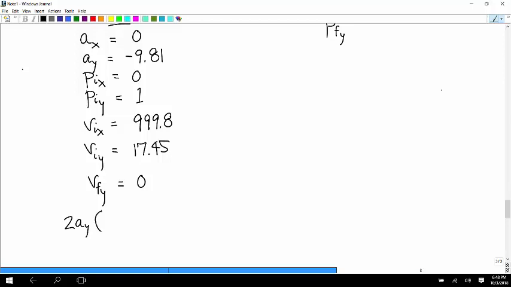2AY times the quantity PFY minus PIY is equal to VFY squared minus VIY squared.